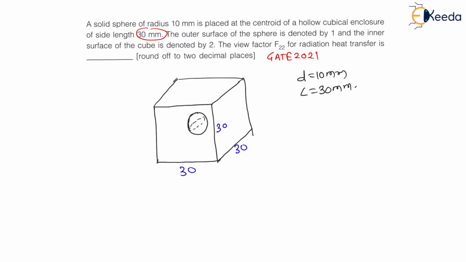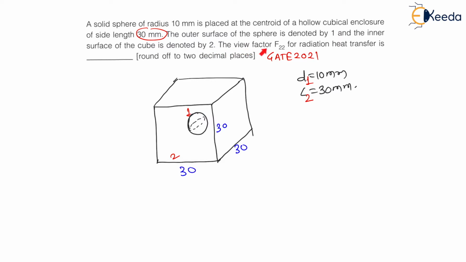Then the outer surface of the sphere is denoted by 1. Therefore 1 is the sphere, so we can say D1. And the inner surface of the cube is denoted by 2. Therefore cube is 2, so this is L2.